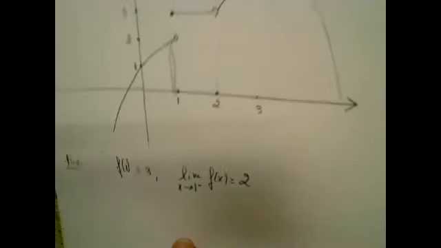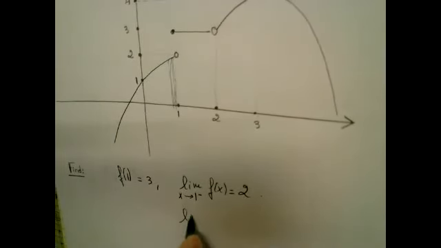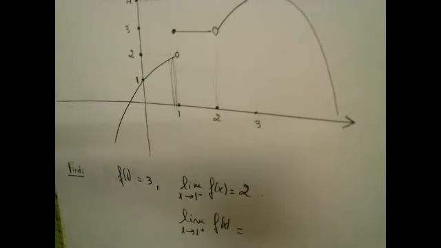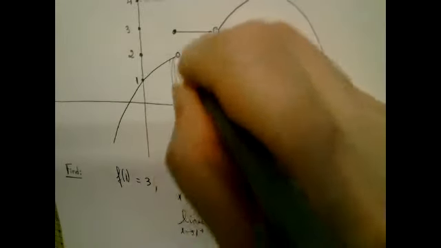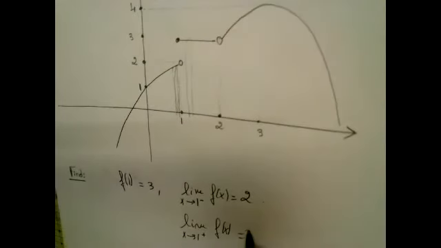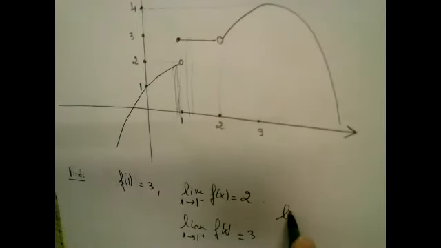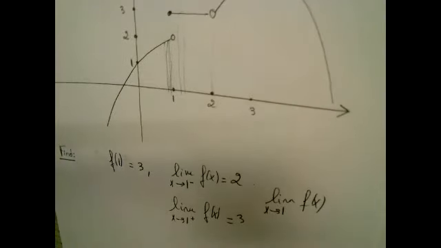Okay. Now what's the limit from the right of f of x? Okay, 3, you're right, because absolutely 3. And now what's the limit of f of x as x becomes close to 1?